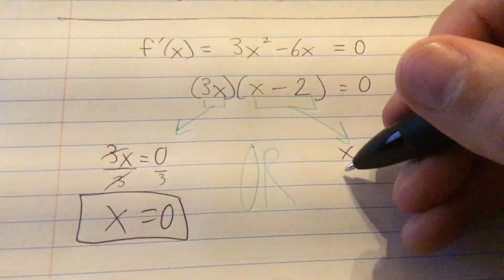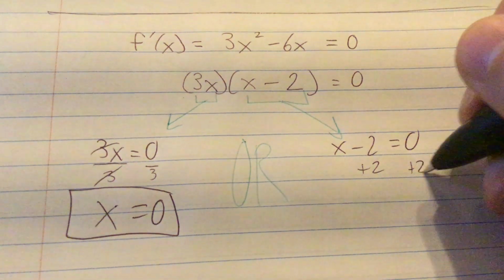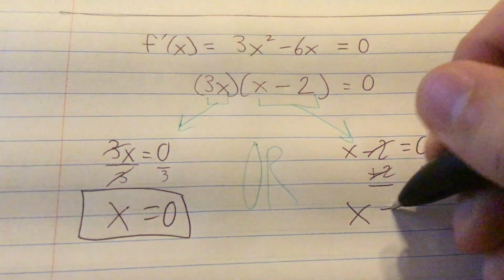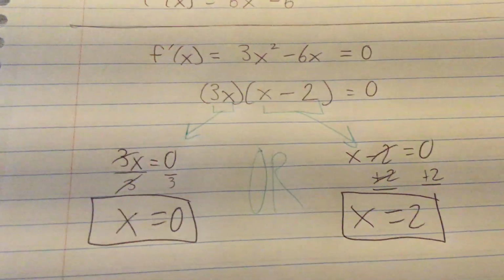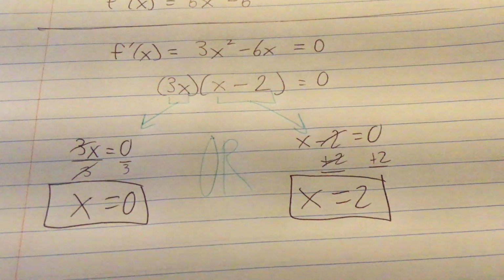Either way, divide both sides by 3, x is equal to 0, or add 2 on both sides, and x is equal to 2. So now I've got 2 critical points. Not just 1, but 2.